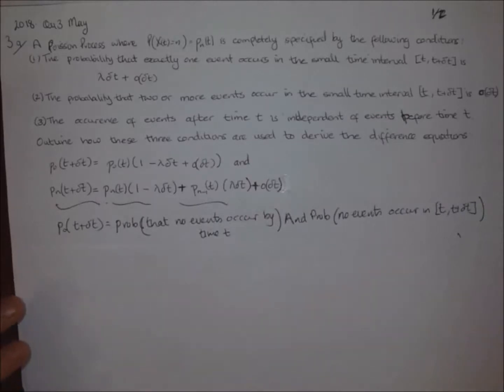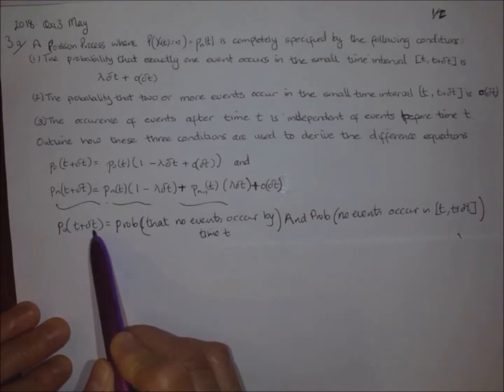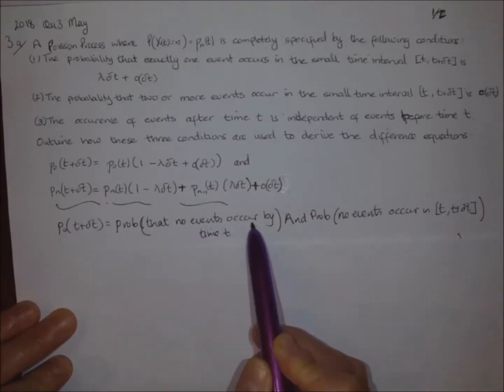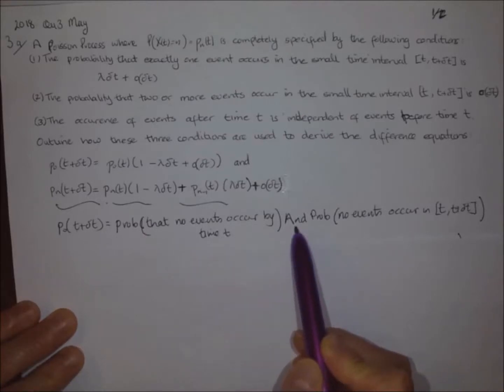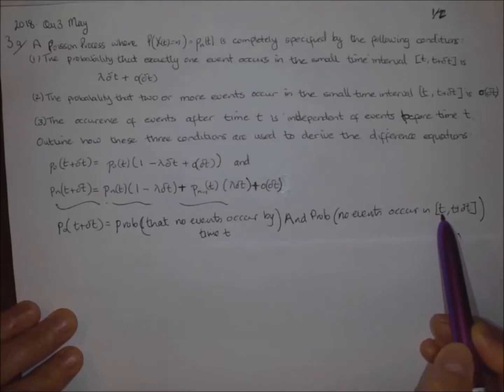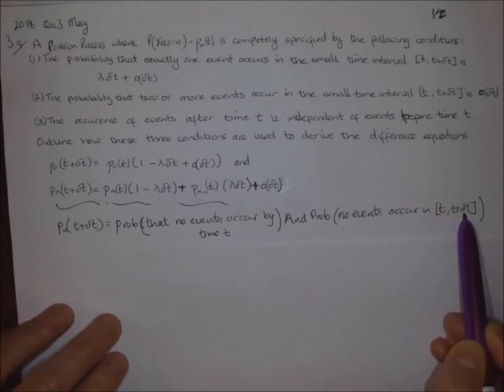So basically the probability that no events will happen by time t plus delta t is equal to the probability that no events will occur by time t, and the probability that no events will occur in time t to t plus delta t, in that small time interval.